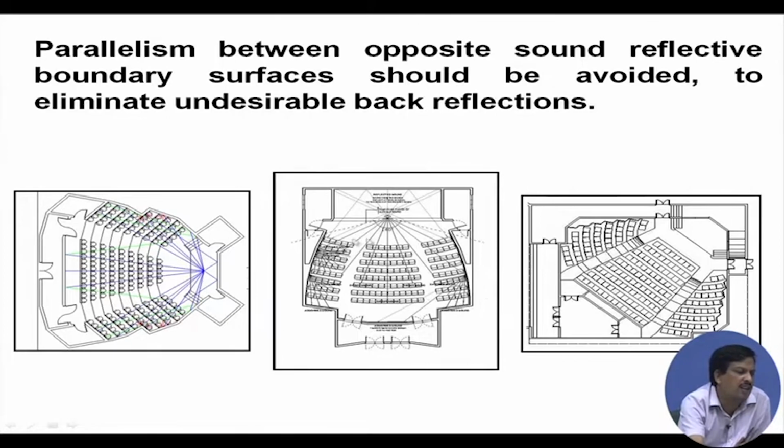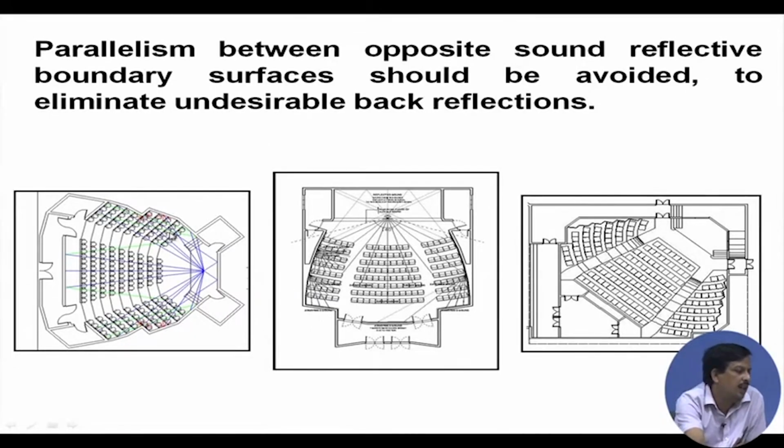Undesirable reflection will come and standing waves will be generated. So, to reduce that, yes, this is a concrete wall, no problem, but I should make an inside arrangement such that the surface is curved. See that the inside surface is curved to avoid the parallelism between the two reflecting surfaces.